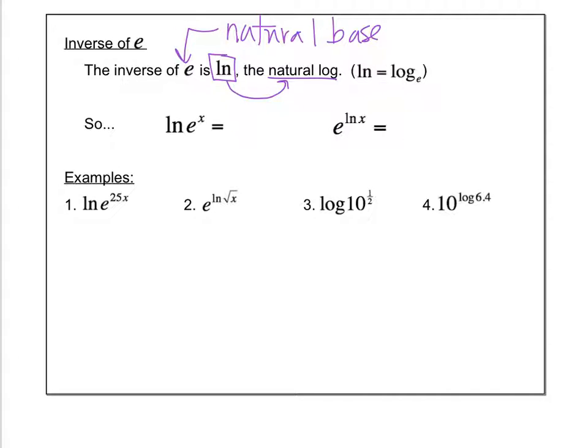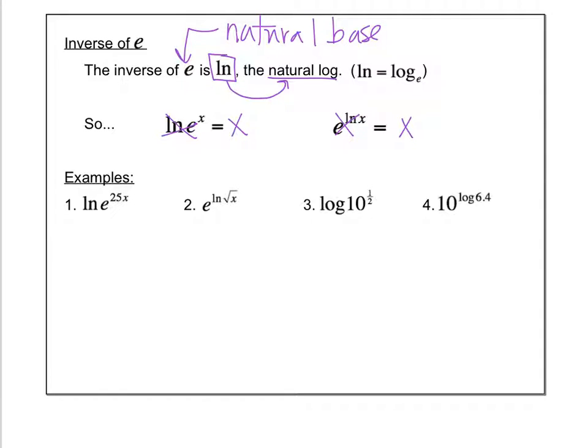So if it says log e, that's actually the same thing as saying ln. ln just stands for the natural log. So if you look at the next two problems, if you see ln and e next to each other, if they're inverses, what do they do? Cancel. They cancel, so you just get x. If you see e with an ln in its power, they cancel each other, you just get x.